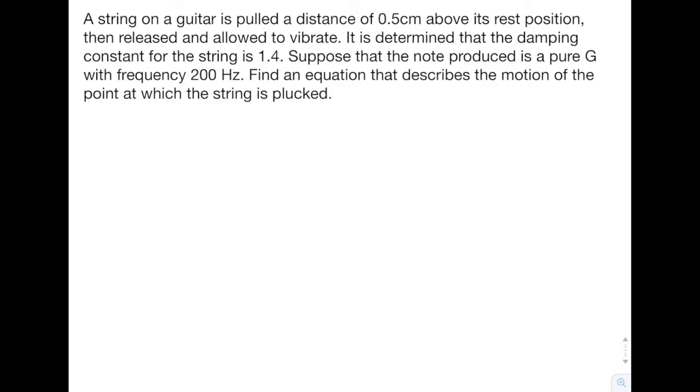So to begin, we try to get all of the information out of this passage. Since it says that the string on the guitar is pulled a distance of 0.5 centimeters above its rest position and then released, that should tell us that we're starting at a maximum. So we'll use k e to the negative ct cosine omega t, since cosine starts at its maximum when time equals 0.